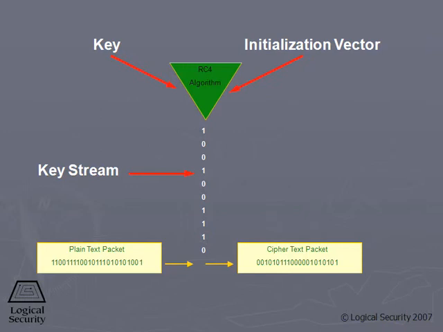Then the initialization vector is generated from those 24 bits we discussed a little earlier. So the keystream generator uses a pseudo-random number generator combined with the key and the initialization vector to create the key stream. Data, the plain text data that we're encrypting, now gets exclusive ORed with the key stream bit by bit to produce the ciphertext.